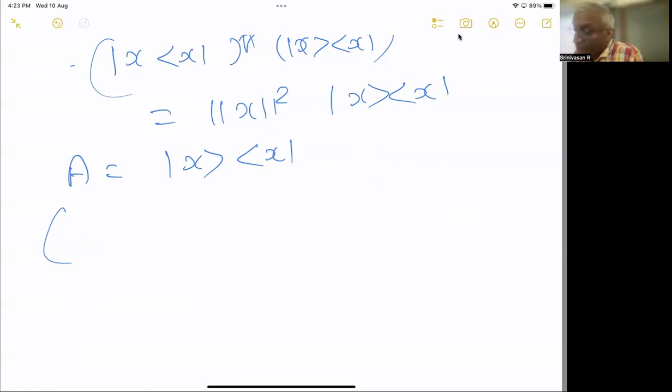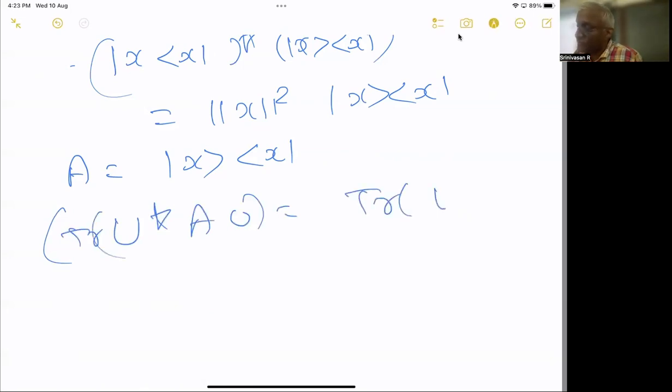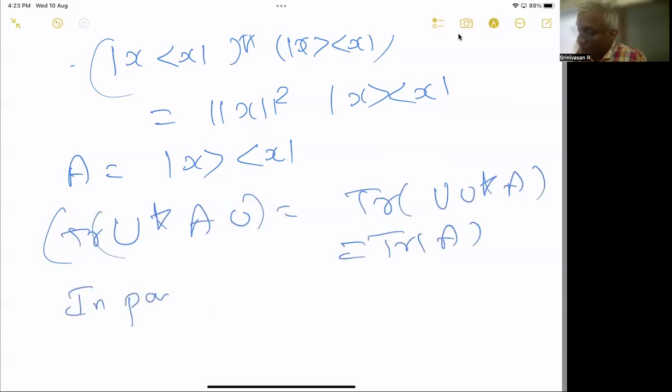Then the new matrix is given by u star A u. Now if you take the trace of this, that is just trace of A, since u star u is 1 for a unitary. So in particular, this function does not depend on the orthonormal basis.